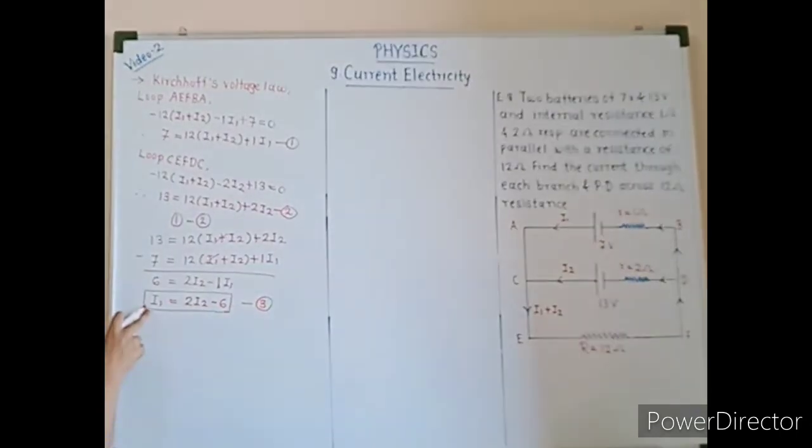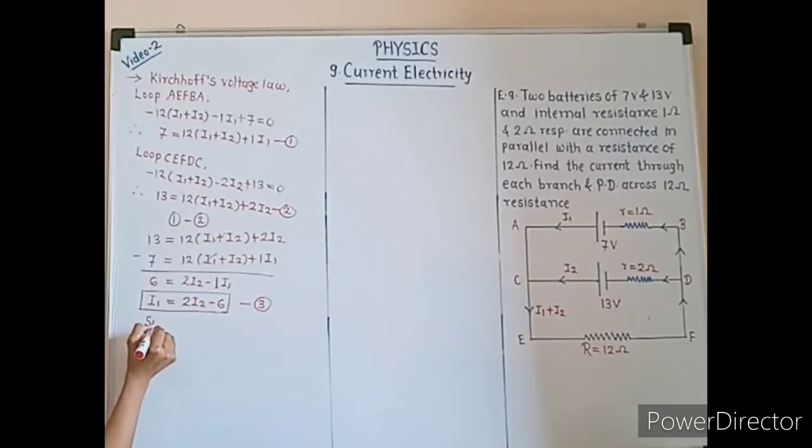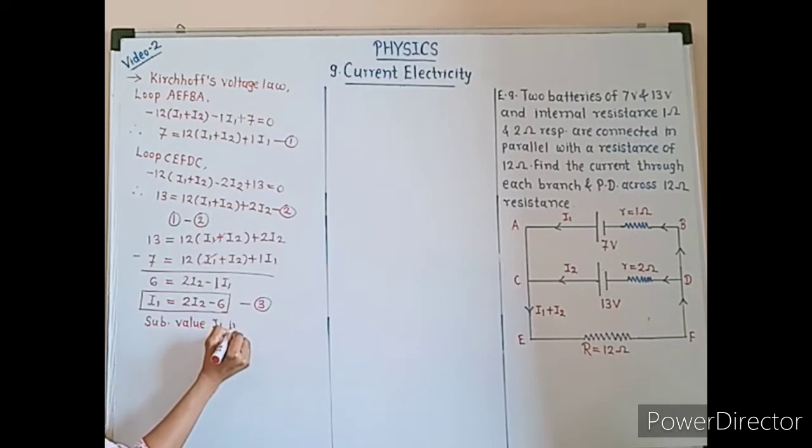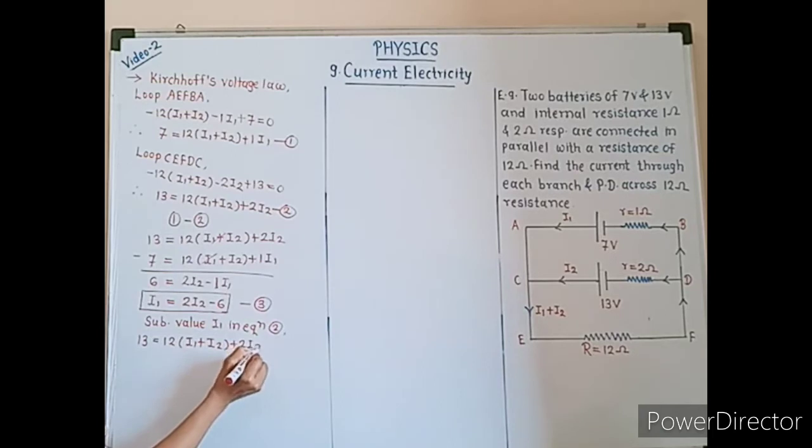Now substitute the value of I1 in equation number 2. What is equation number 2? 13 is equal to 12 into (I1 plus I2) plus 2I2.